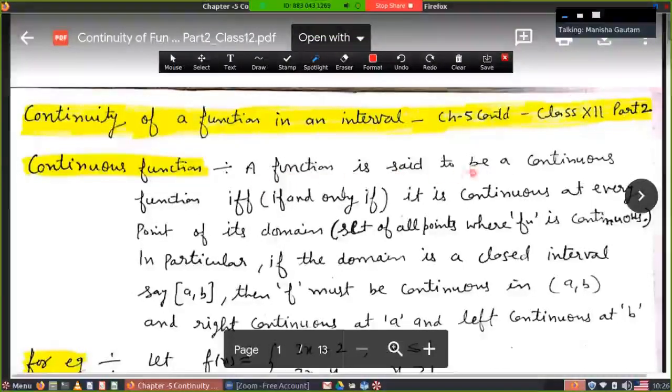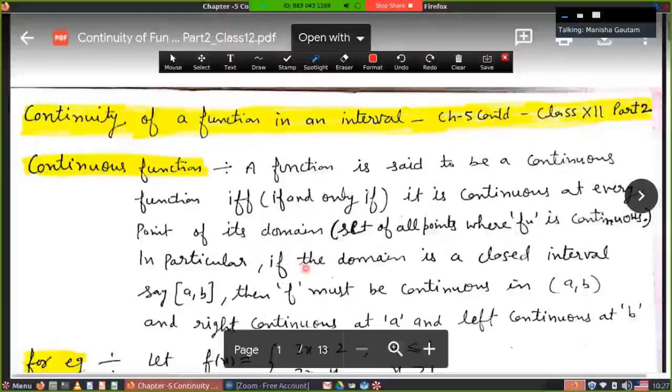a function is said to be a continuous function if and only if it is continuous at every point of its domain. Domain of continuity.